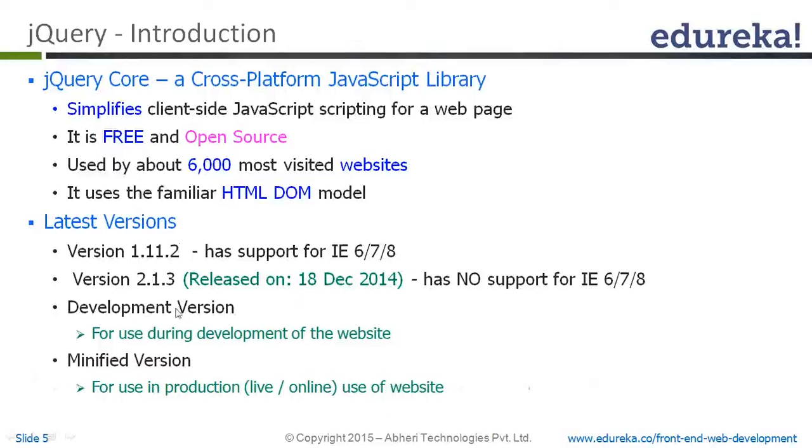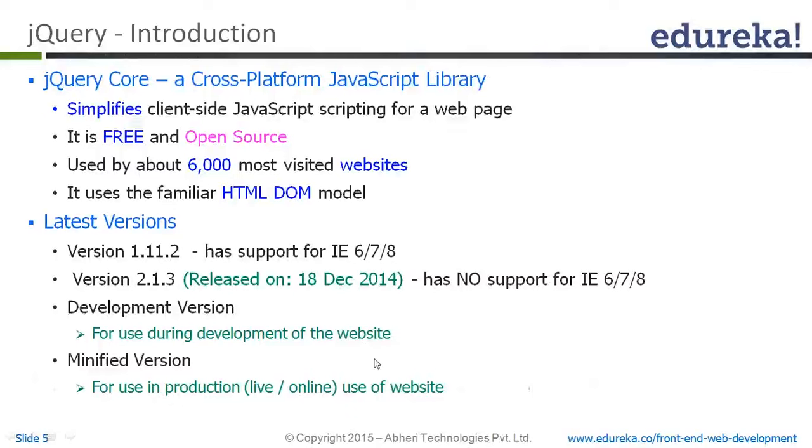You might be wondering why there are two versions of jQuery. 1.11.2 has support for older versions of the Internet Explorer browser, that is IE 6, 7 and 8. Whereas 2.1.3 does not have support for IE 6, 7 and 8. If you're targeting IE 9 onwards, you can use version 2.1.3.